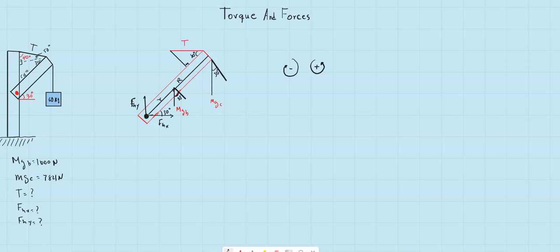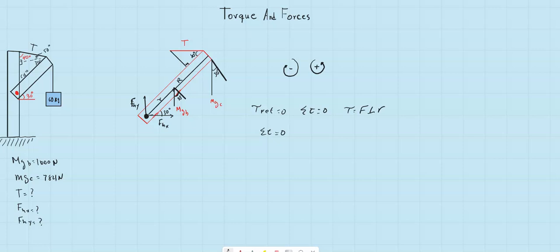I know that the net torque must be equal to 0, so the sum of our torques must be equal to 0, and the torque is equal to the force perpendicular to the radius. We have 5 forces and 3 torques. So we can set the sum of all torques equal to 0.